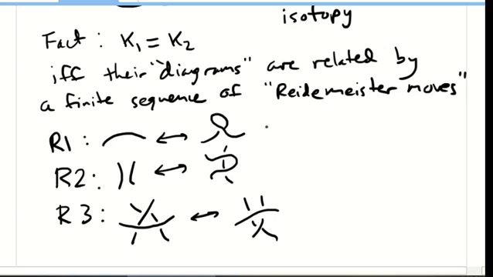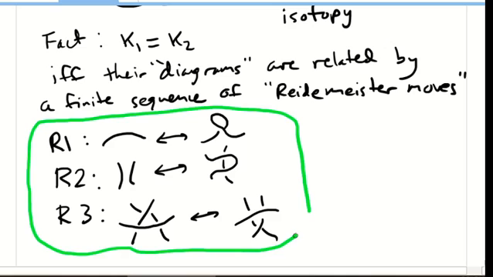Okay. But once again, just because I don't know a way to make one diagram into the other one doesn't mean that such a sequence does not exist. Okay, so we're going to develop some other way to show two things are different.